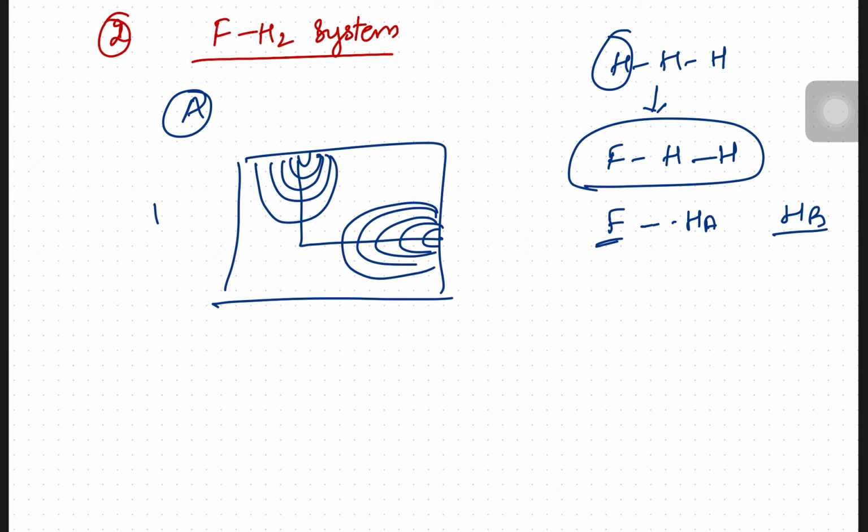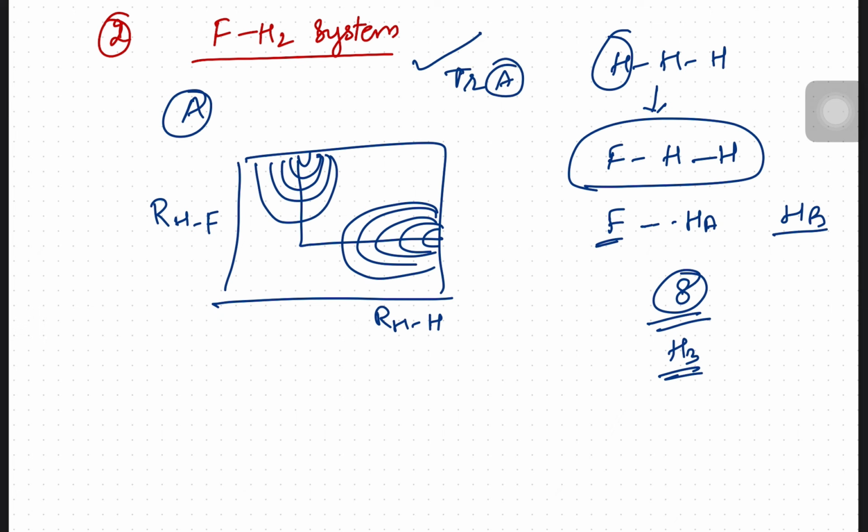So this will be your contour map for this system. If the question comes for this system in 8 marks, then you have to explain the H3 system fully, then you can write a line that in this the trajectory A is followed. So this will be your contour diagram.